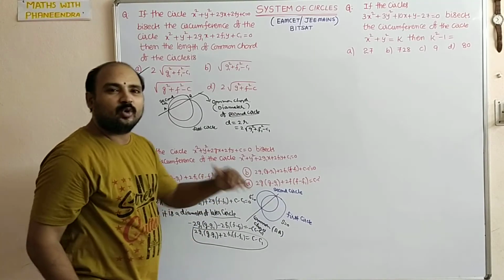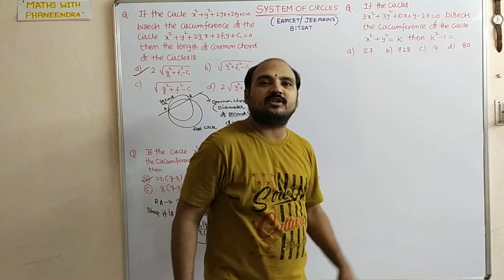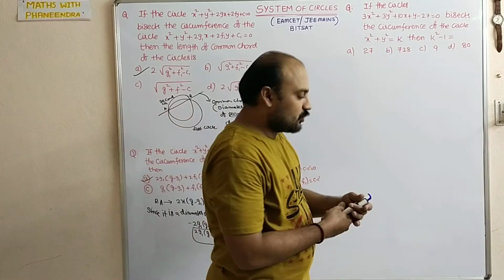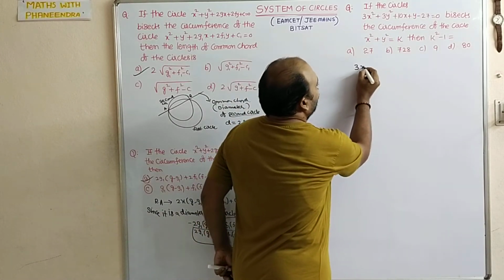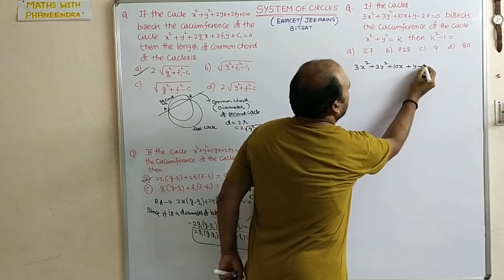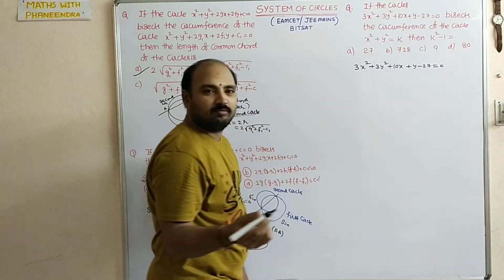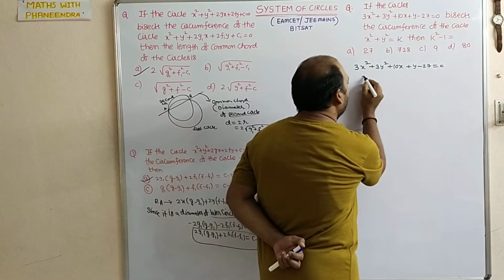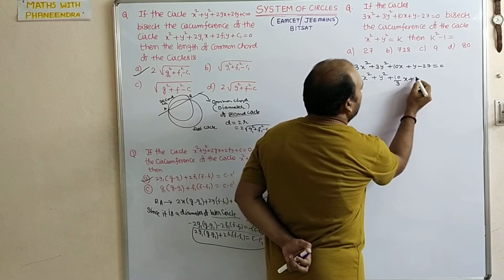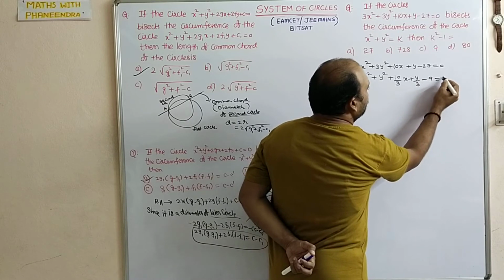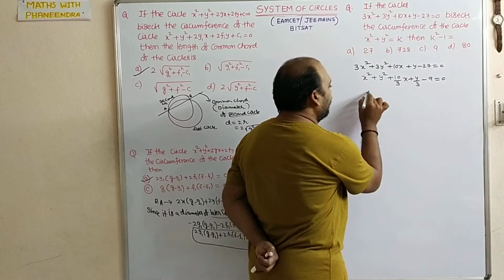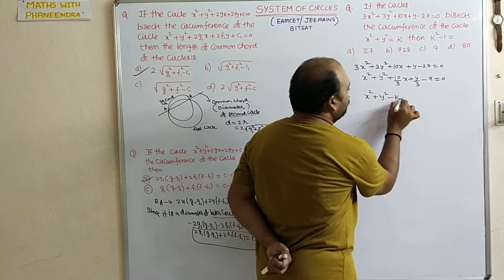The same concept we are going to apply in the coming question also, but the question is asking in a different way. Two circles are given. The circle 3x square plus 3y square plus 10x plus y minus 27 equal to 0 is not in the general form. Converting it to the general form: x square plus y square plus 10 by 3 x plus y by 3 minus 9 equal to 0. This is the first circle, and the second circle is x square plus y square minus k equal to 0.